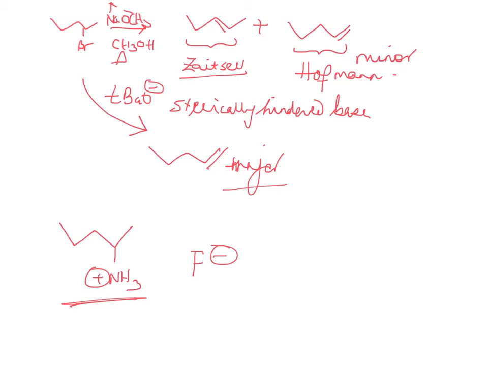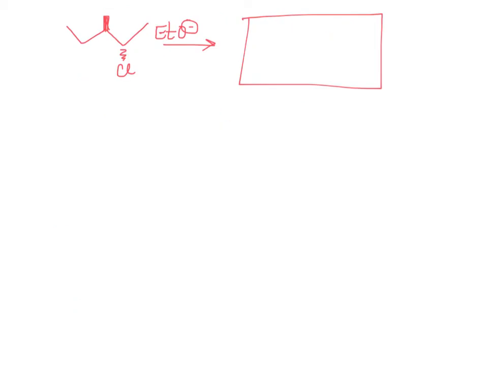So let's say I have a starting material. I'm treating that with ethoxide, sodium ethoxide, of course. And you have to figure out the product when this is treated under E2 conditions. So you have a strong base. So hopefully you can identify that strong bases facilitate the E2 reaction mechanism.